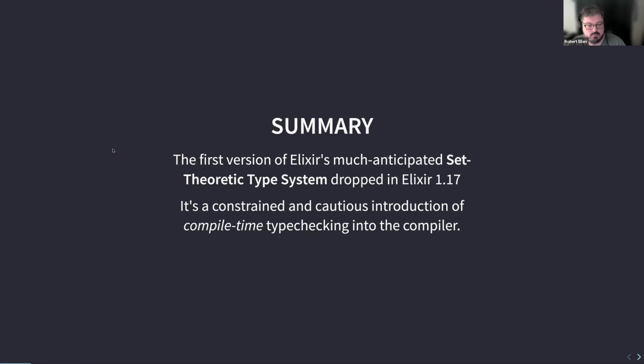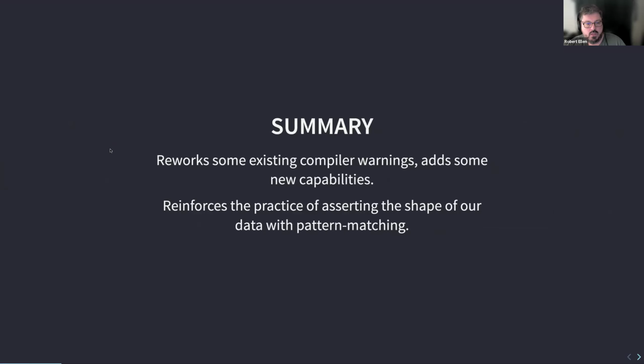That would be a good single sentence summary of what it is. It reworks some of the existing compiler warnings that previous Elixir versions had around types, and it also adds some new capabilities on top of that.